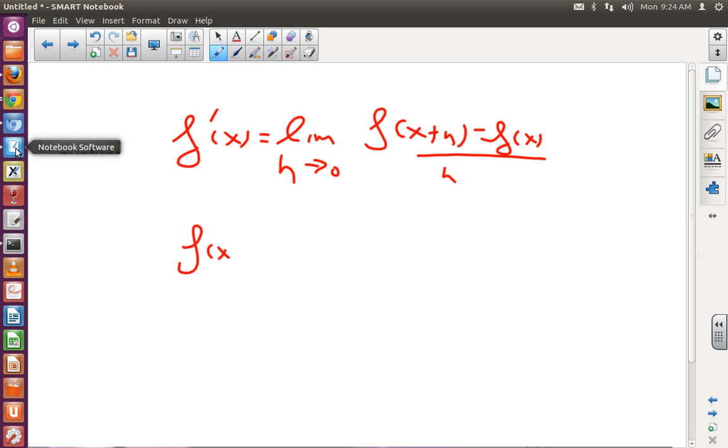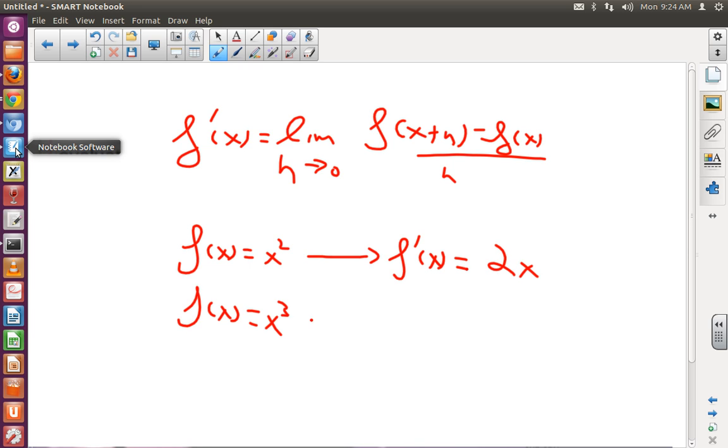If f of x is x squared, then f prime is 2x. If f of x is x cubed, then f prime is 3x squared. So what's the pattern?